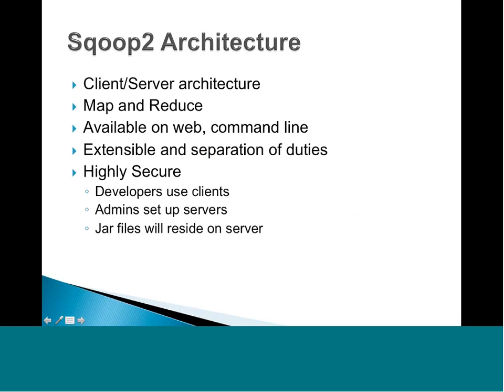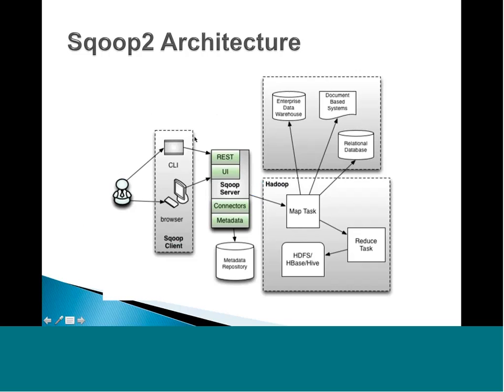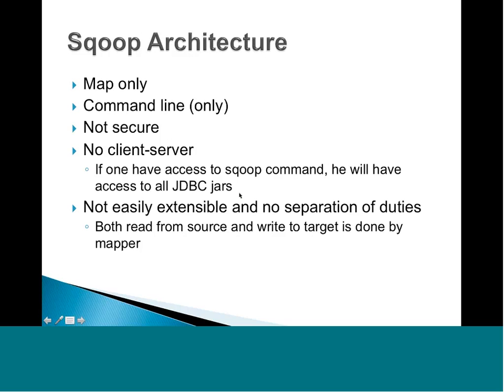It uses client-server architecture. It uses map and reduce to copy the data, whereas Sqoop is map only. It is available on web because it uses a web server in between. Now you can use Hue or some other web-based tools to actually submit your Sqoop jobs, whereas with Sqoop1, it is not possible.